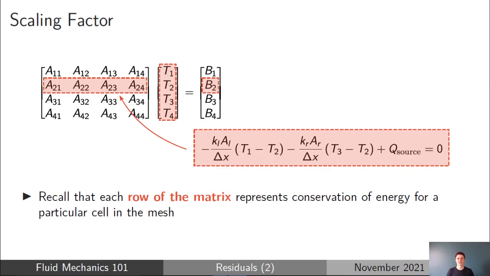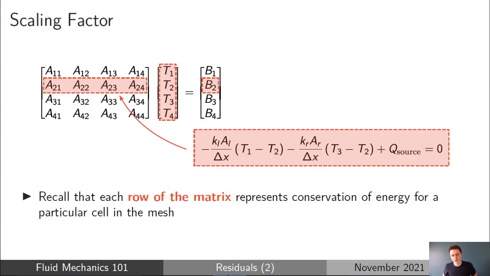So if I think of that second row of the matrix, for example, that's just conservation of energy for the second cell in the mesh, where that first term there, kA over delta X, T1 minus T2, is the heat flux out of the left face of the cell, and then kA over delta X, T3 minus T2, that's the heat flux out of the right face of the cell, and then Q source, which ends up in the B vector, is just the heat source in there.